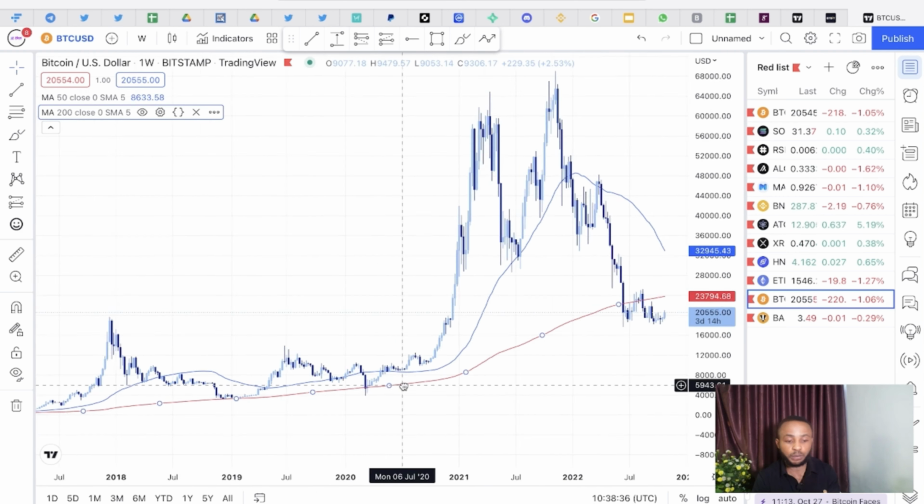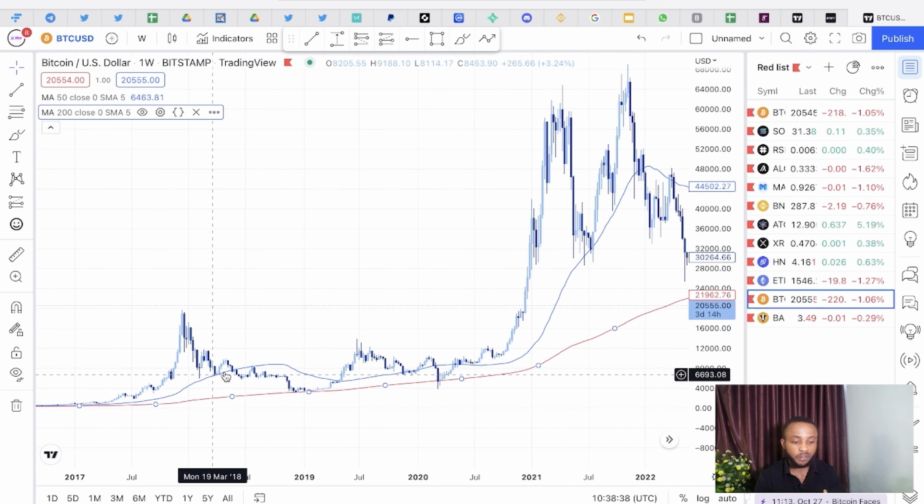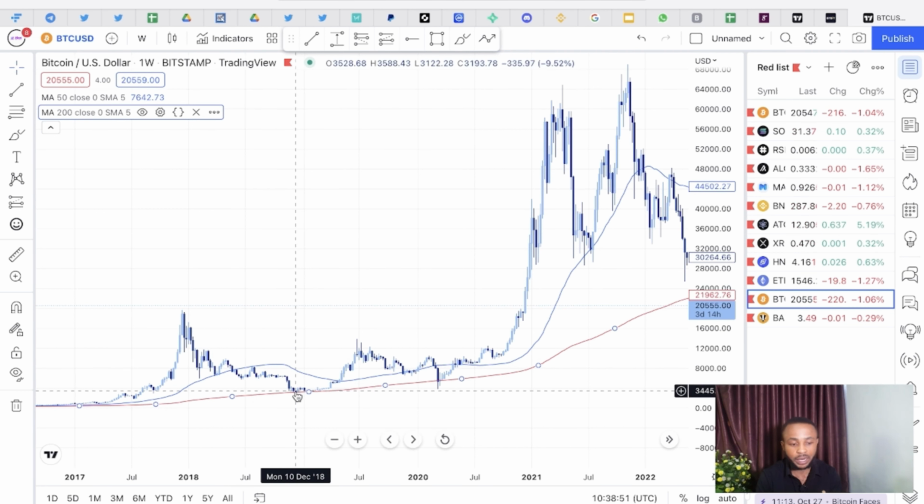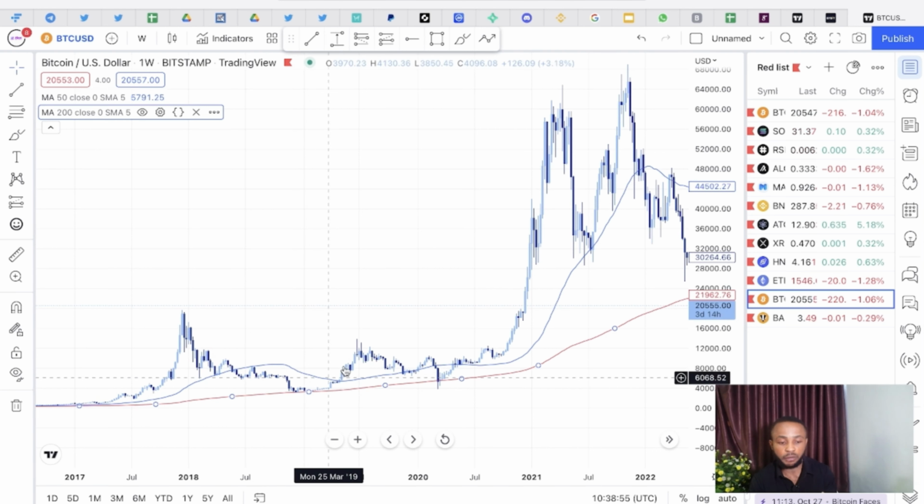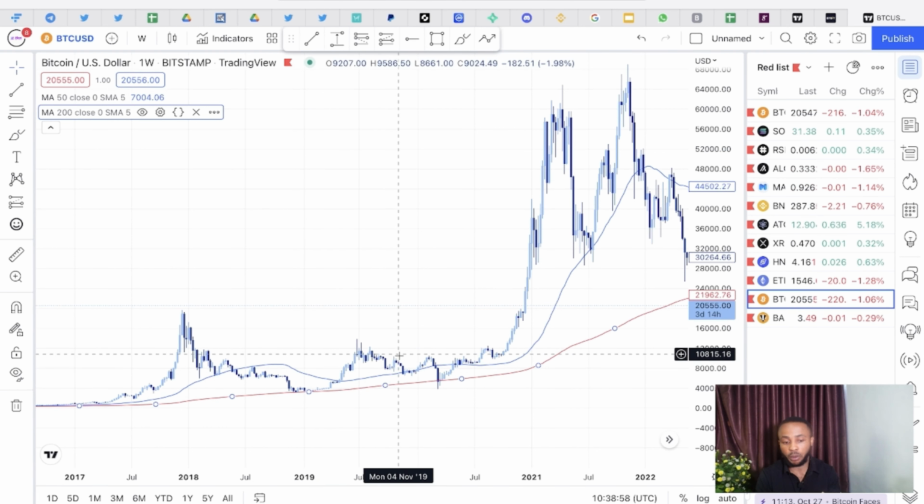As you can see from price history as well, in May 2018 we broke below the 50-week moving average. We came up, we tested it, but we didn't go above it. We had to come down here and test the 200 weekly moving average, then price reversed up again.